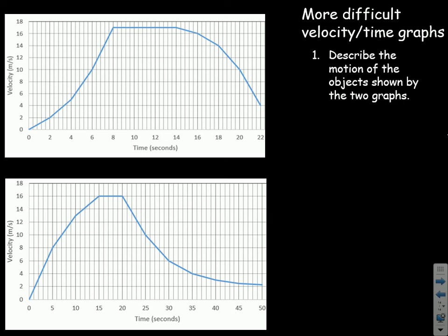So starting off with, they are both velocity time graphs, and let's see what this one shows. To start off with, our gradient is shallow and it is getting steeper. Then it is steady, it is neither accelerating nor decelerating, so it is a constant speed.